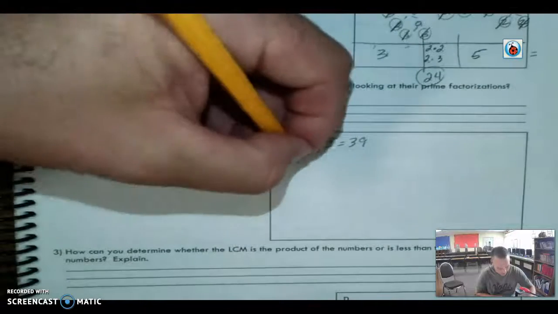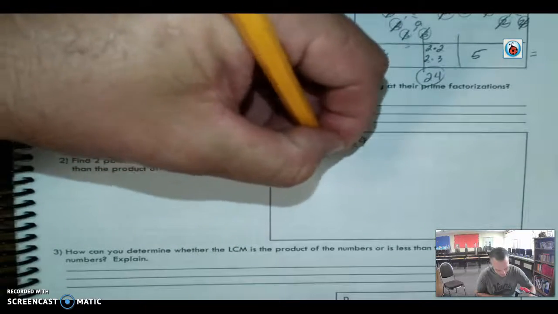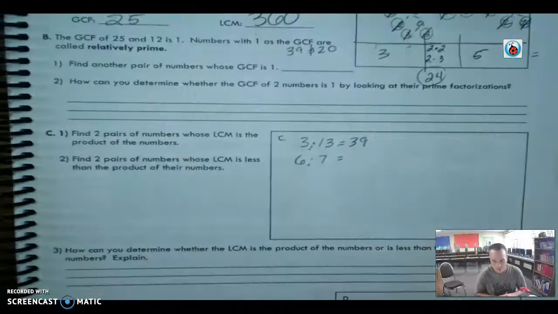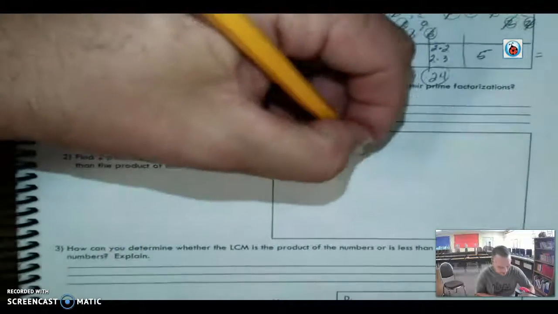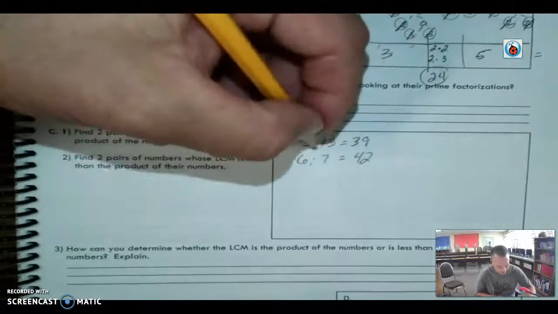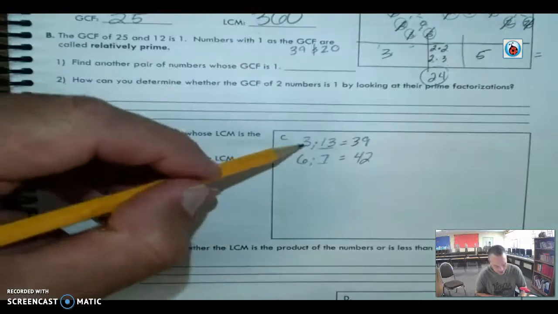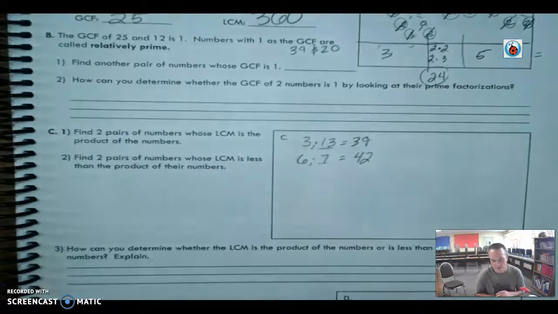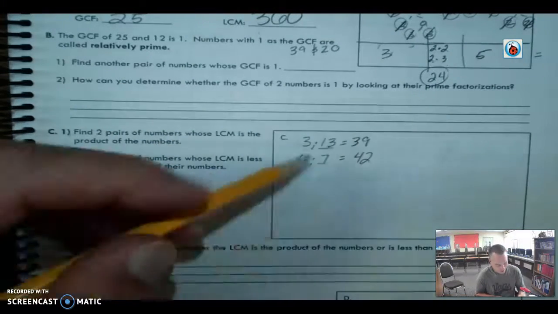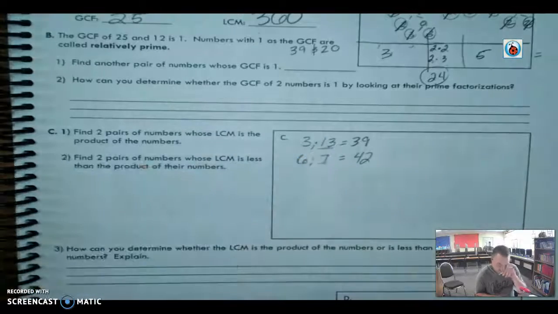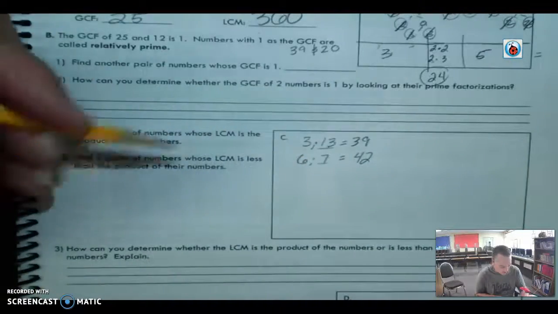Both of those are prime. How about 6 and 7? Well, their LCM is 42. So the secret is when you start seeing prime numbers, sometimes you can just multiply them together and the product of those two numbers is going to be the LCM as well.